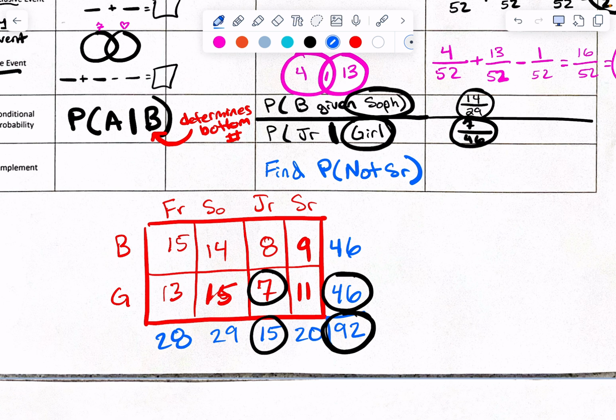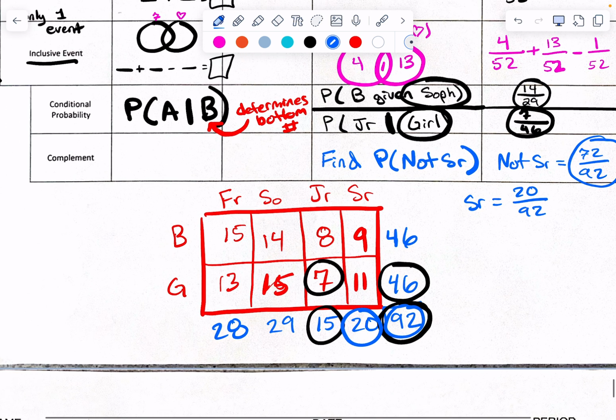Probability of senior is 20 out of 92. So that means not senior equals 72 over 92. I don't care, just leave it. Okay, so what's a complement? P bar. The opposite. Subtract. Complement is finding the opposite.